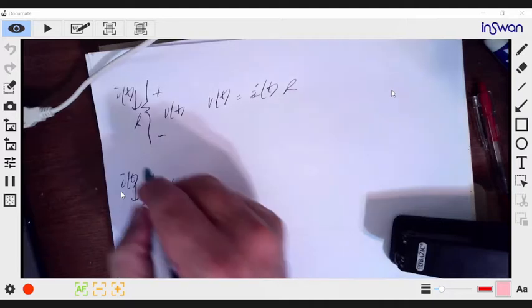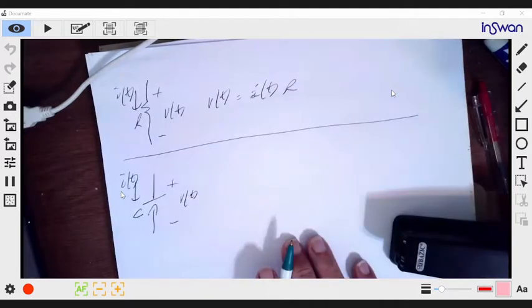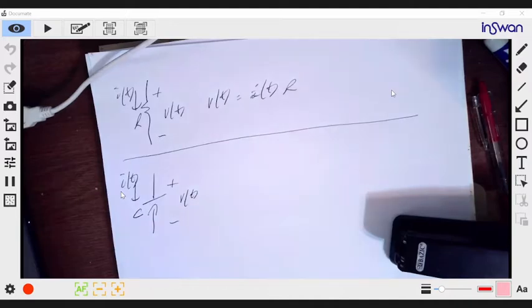How are these related? Would V of T be equal to I of T times the impedance of C?